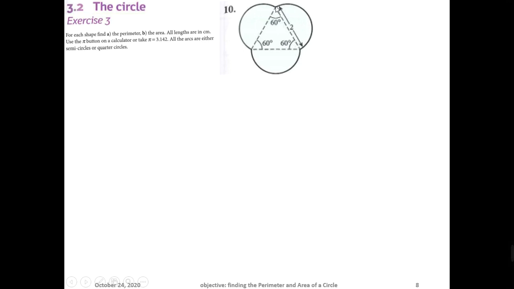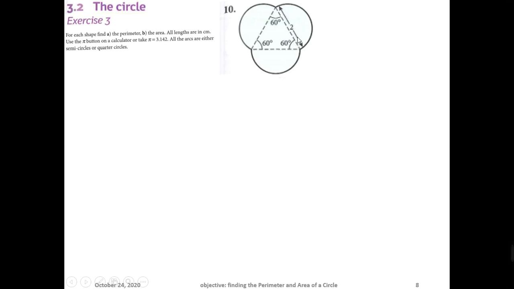But remember, the parameter is adding all sides to close the shape. So if you start here, this is one arc, 2 arcs, 3 arcs, and they are typical. So if you calculate the length of one arc, you just have to multiply the length of one arc by 3 to calculate the total parameter of the shape.